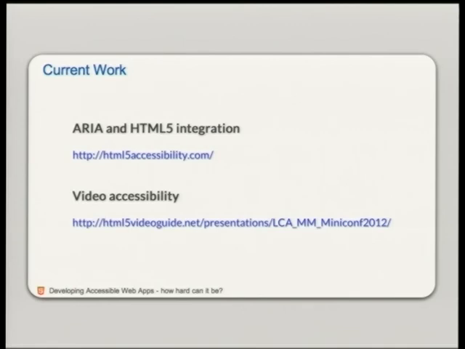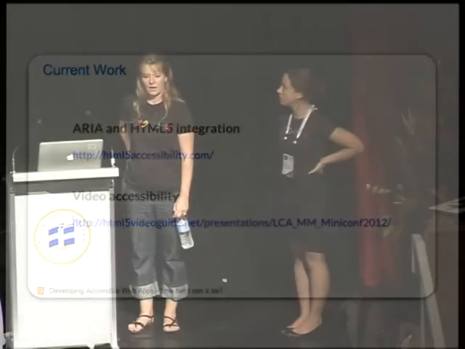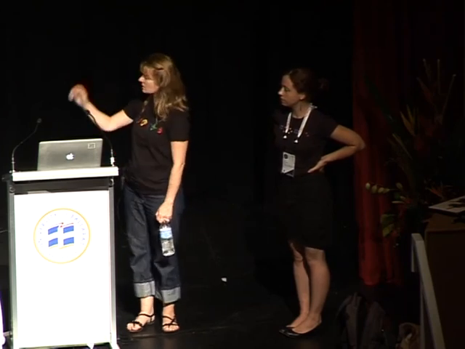And the other big thing that's happening in accessibility around standards is video accessibility. I gave a talk at the Multimedia Mini conference on Monday about that. Basically, what's happening there is we've got specifications for captions and audio descriptions, and also ways to synchronize sign language video with video. So that's happening, and browsers are implementing it, which is very exciting.